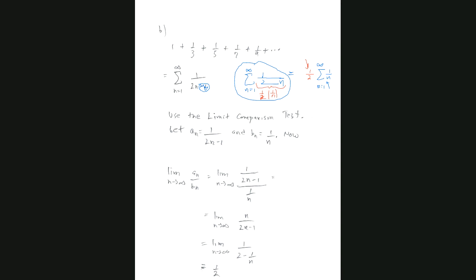So let me ask you now, do you feel our original series, 1 plus a third plus a fifth plus a seventh plus a ninth and so forth, now converges or diverges? Let's see if we get a few more responses. Robin thinks it diverges.